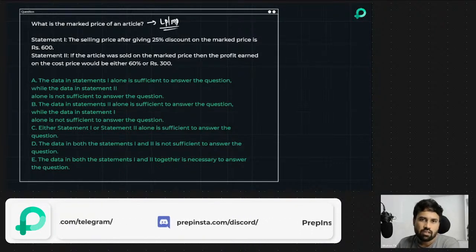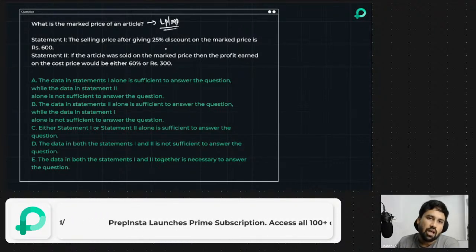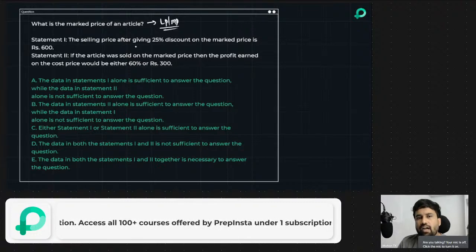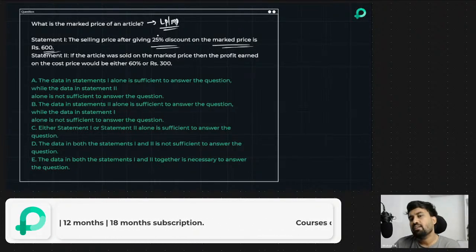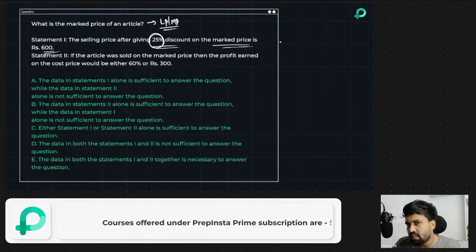It's not a big deal if you know the profit and loss concept. The selling price after giving a 25% discount on the market price is 600 rupees. If you give a 25% discount, you got the product for 75%.